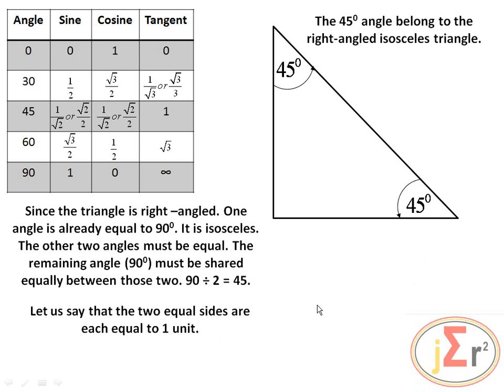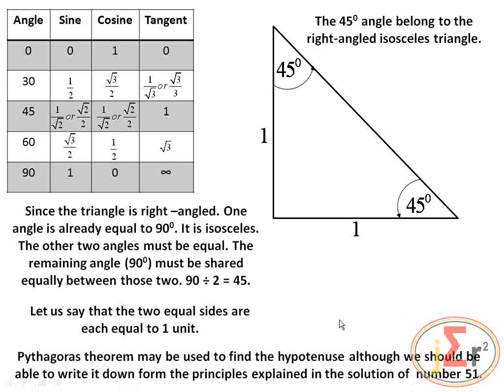Right, we are in our comfort zone now. Let us say that each one of those short sides is equal to 1 unit. Pythagoras Theorem may be used to find the hypotenuse, although we should be able to write it down from the principles explained in the solution of the problem before this, which is number 51.